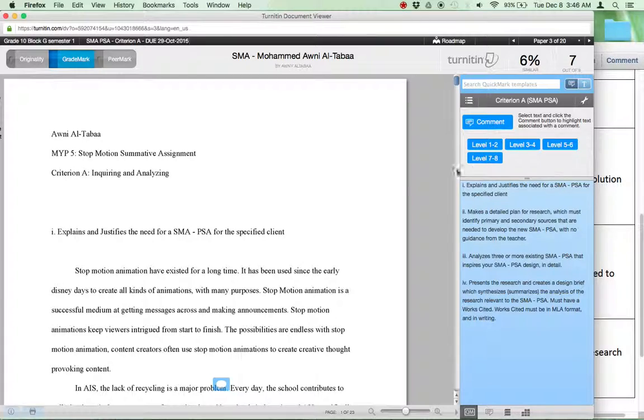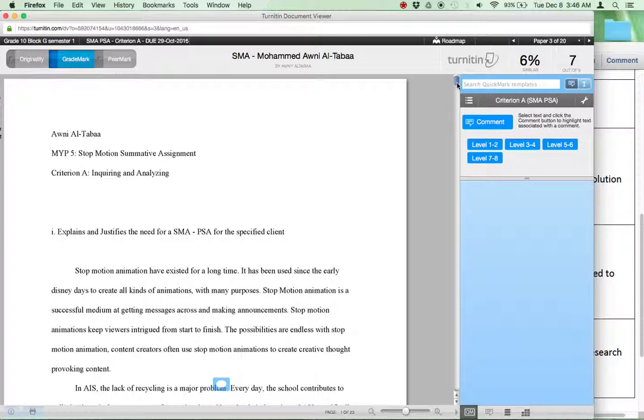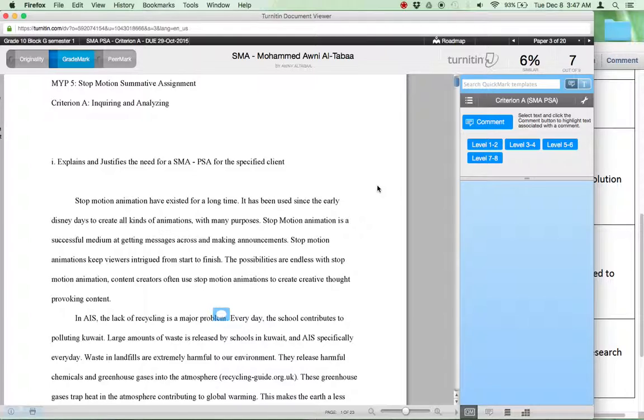This paper has some of the common problems students make in the research plan, which carries the most points, as well as your design brief. But this paper actually has a really good design brief. So although the student made the common mistakes for the research plan, it still came out with a 7. Alright, let's go through this one.